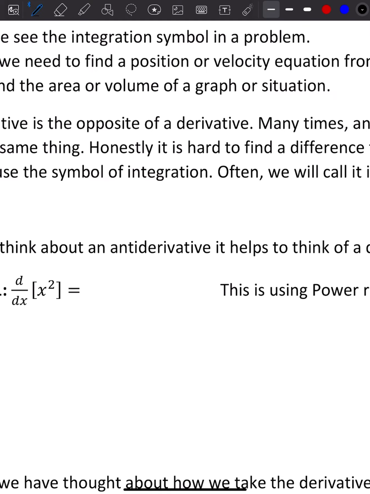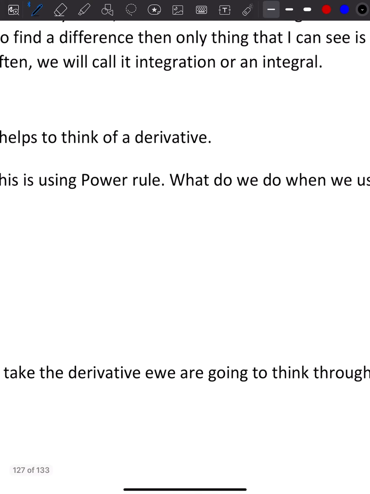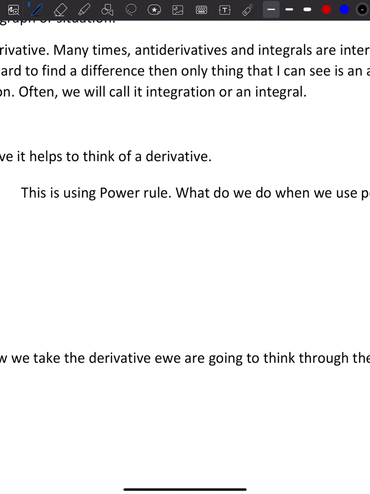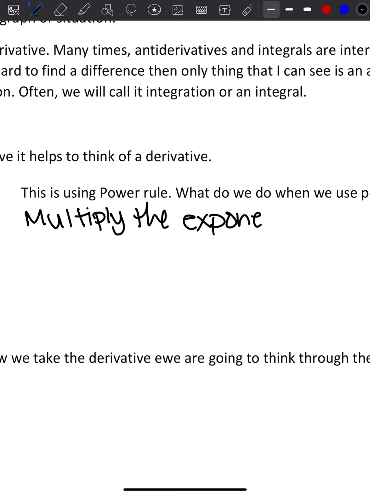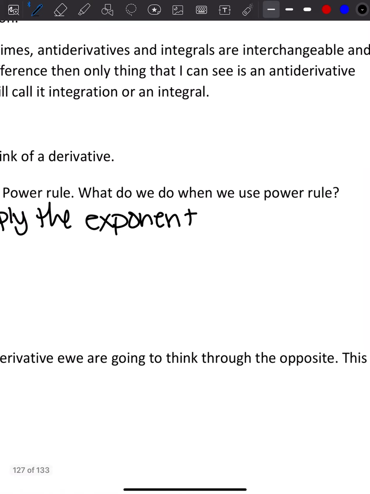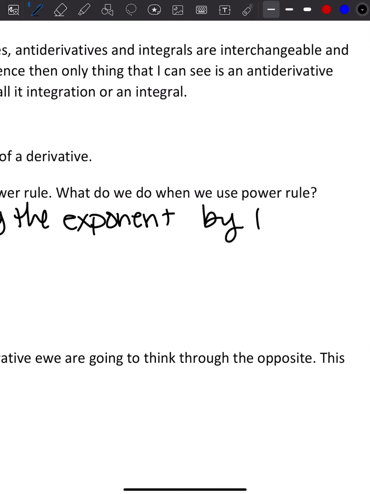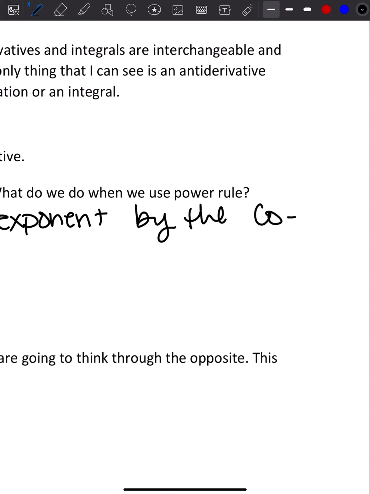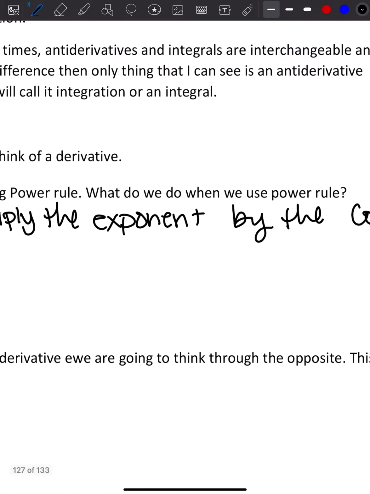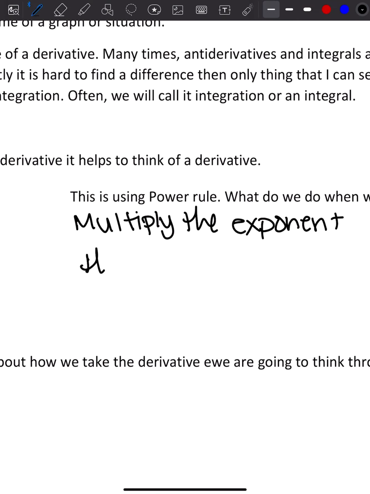So if we have x squared, the derivative of x squared is 2x. We get that by multiplying the exponent by the coefficient, and then subtracting 1 from the exponent.